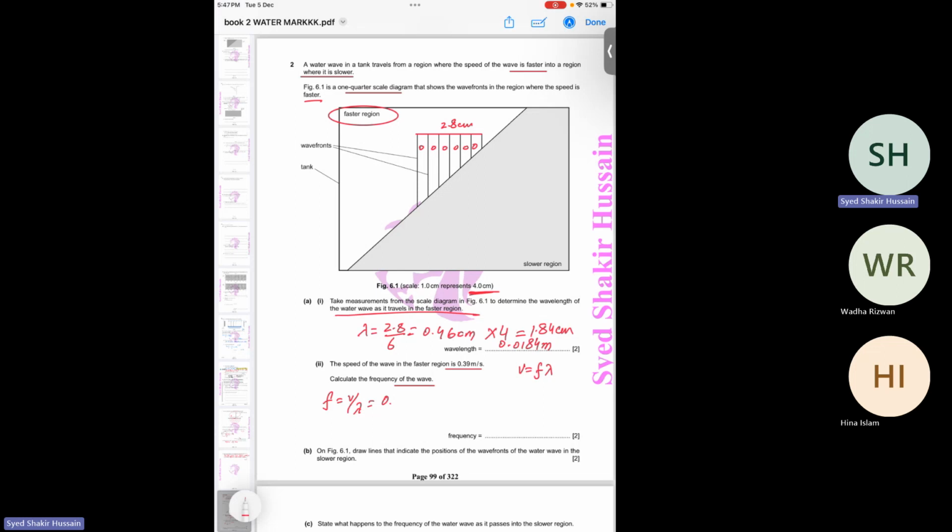So 0.39, yes, that would be used. And the wavelength is 0.0184. So please, can you calculate this? I got 21.1. So are we going to round it off to 21.1, right? Okay.